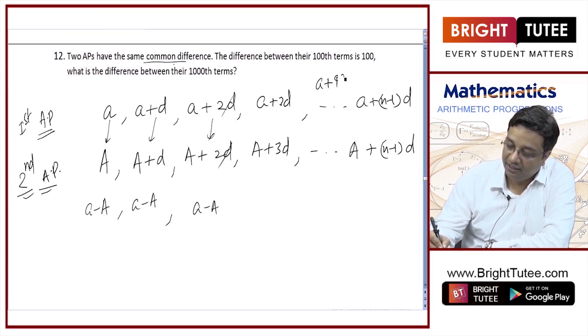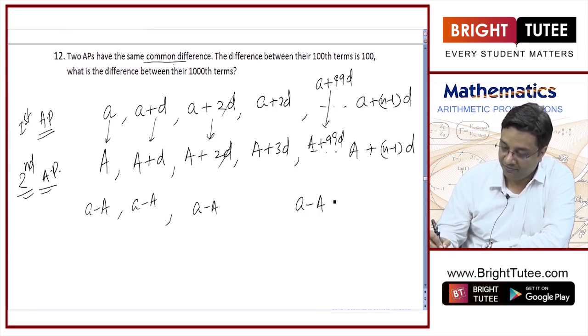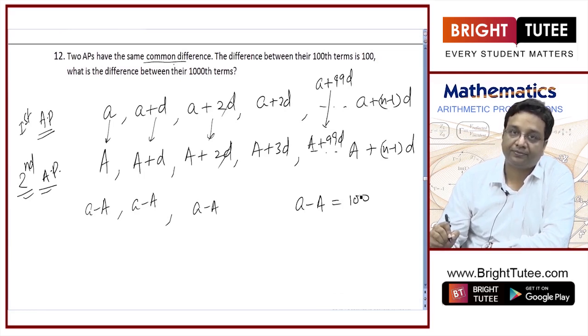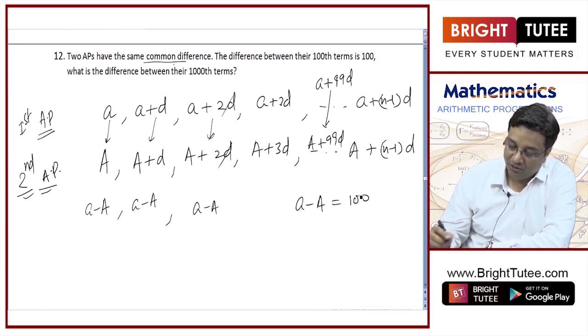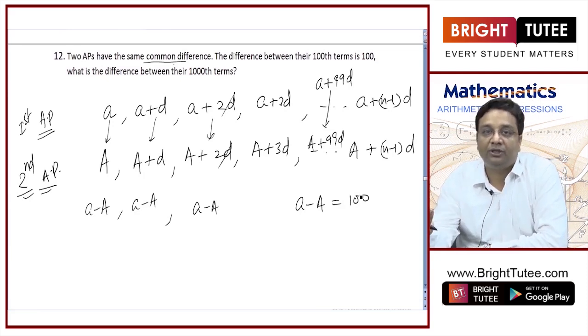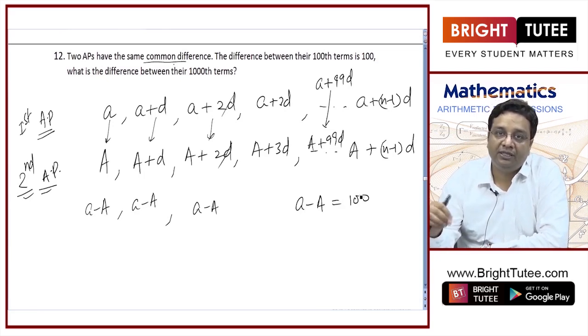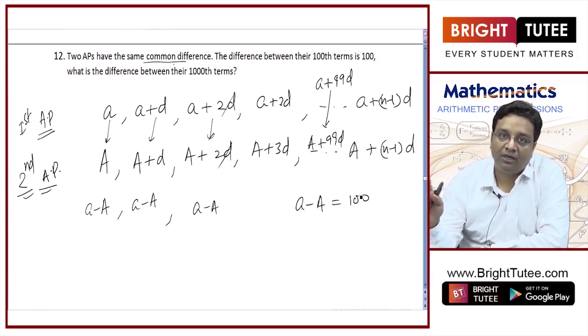Similarly, the 100th terms are A plus 99D and A plus 99D. If I subtract the 100th terms, A minus A will still be the difference, which is equal to 100, right? So if I subtract any corresponding term, the difference will be the same, equal to 100.